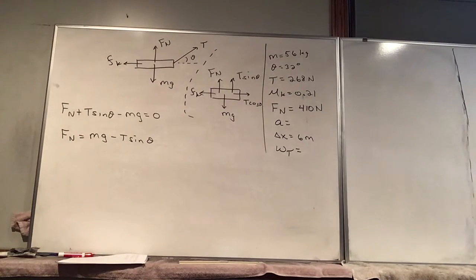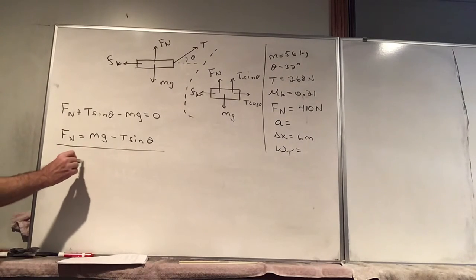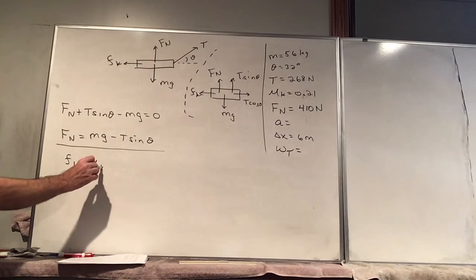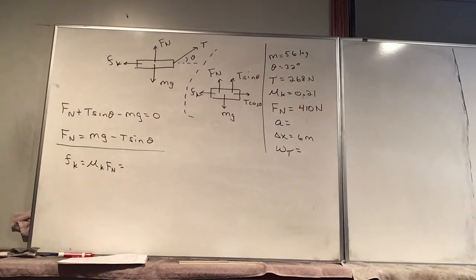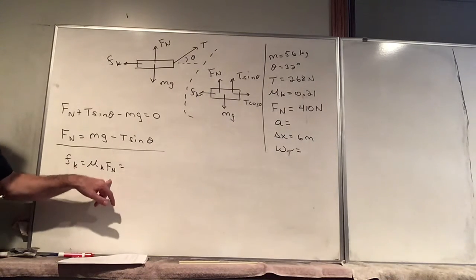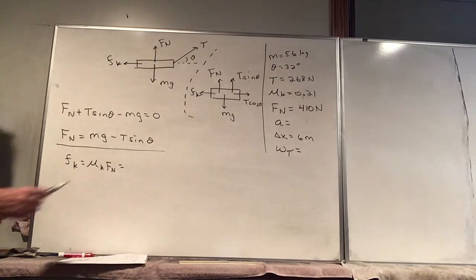And now to find the acceleration, let's find the force of friction. So that would be 0.21 times 410 newtons. That's going to be like 82 newtons. Let me just check, 0.21 times 410, that's 86 newtons.